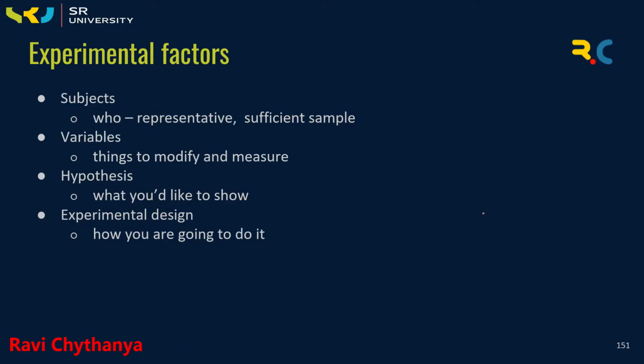The subjects are who are going to participate in the experiment, and the variables are the things to modify and measure. So what exactly you need to modify, measure and consider for the evaluation, and the hypothesis is what you would like to show to the user or someone else who needs to use that application in real life.